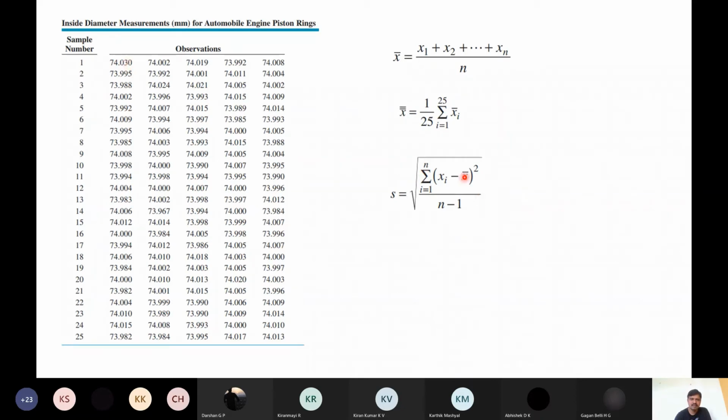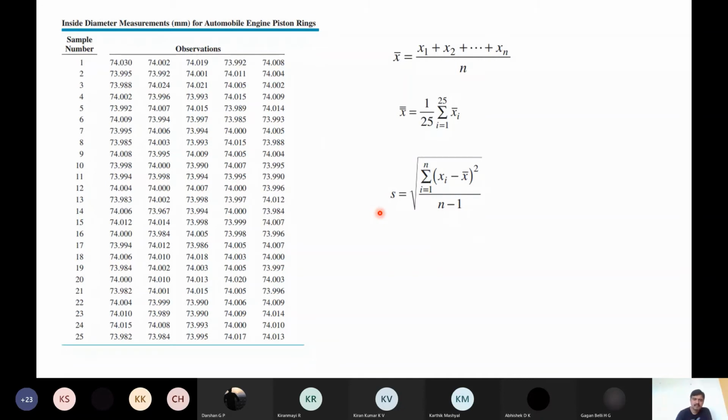Whatever value you get after adding the 5 values and dividing by 5, that value you have to substitute here. Then square, plus second value minus X bar, third value minus X bar, fourth value minus X bar, fifth value minus X bar. Then for this case n will be 5. That will give you the S value. I will explain that by considering all those values.